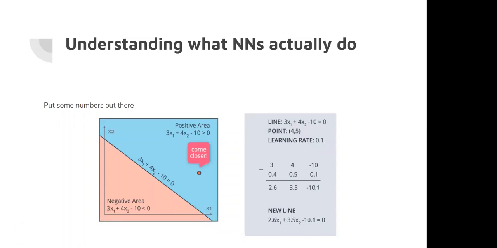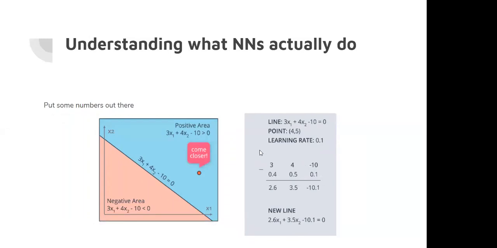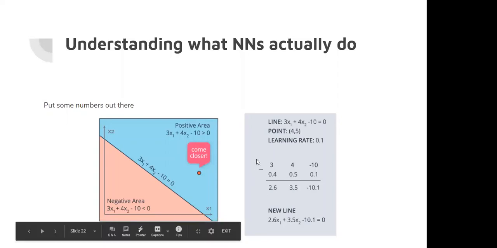It's a fractional number, so that the decision boundary you're moving doesn't move so fast. If it moves too fast, it's just going to go crazy. So you multiply the coordinates of this point by the learning weight, and then you get the new line, which moves slowly, just a little bit towards your point, not all the way.